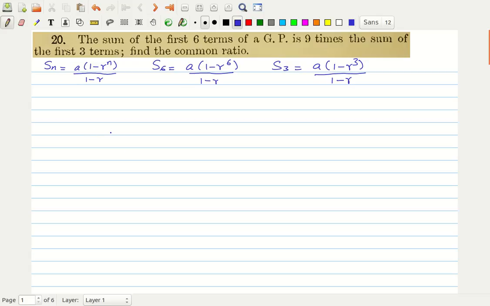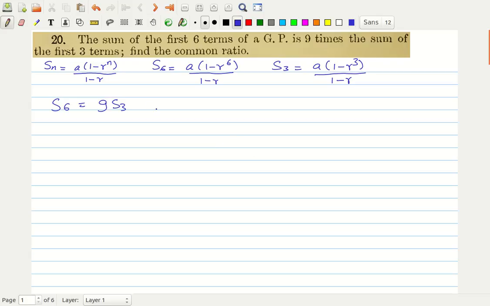Now it is given that S6 is 9 times S3. S6 is 9 times S3.